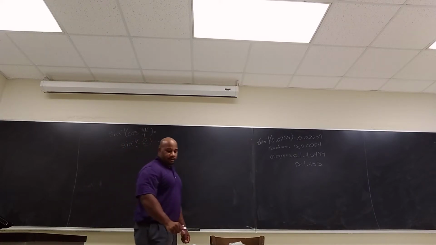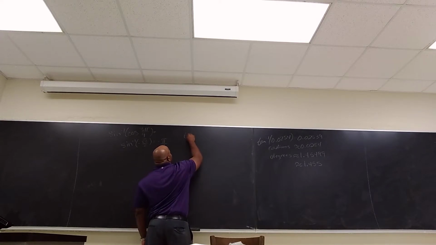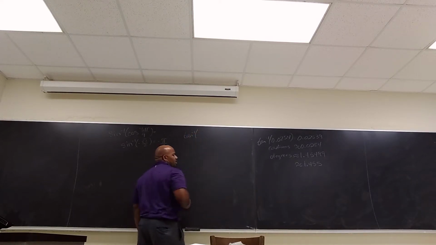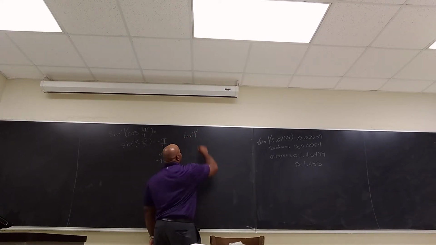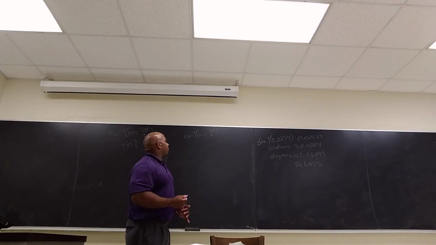Okay, the next one, we have tan inverse of tan of negative 3 pi over 4. And again, if you're doing this with radians, keep it in radians.